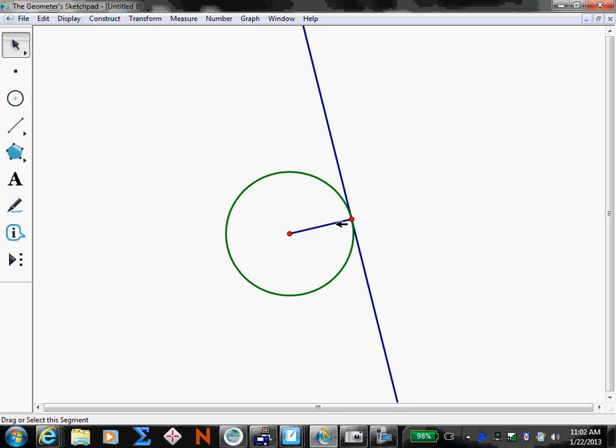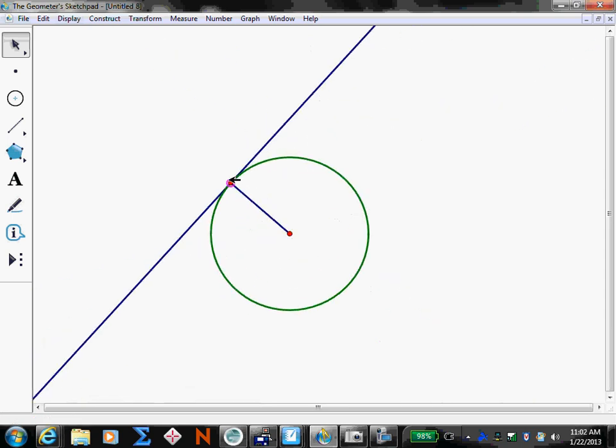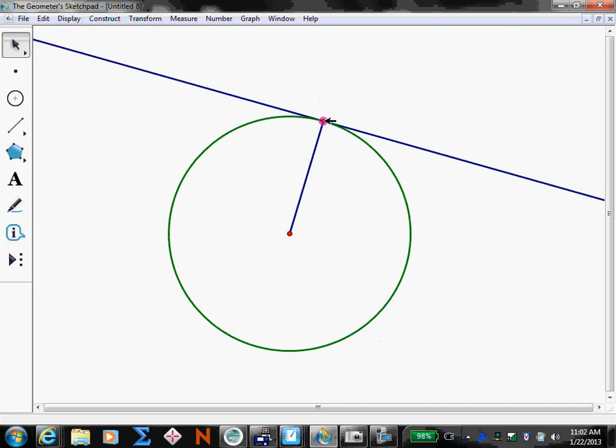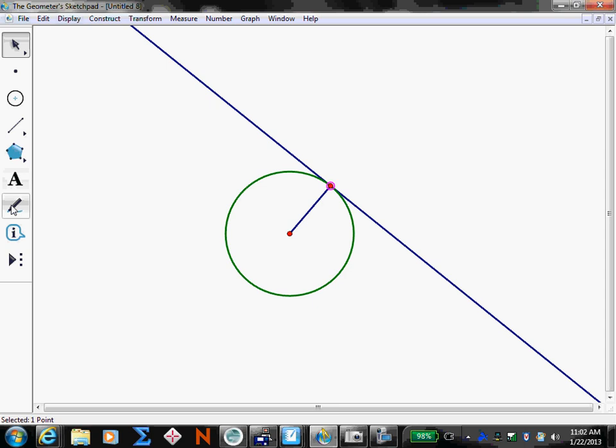Okay, so no matter how I move it around, that line will stay tangent. Now we constructed it perpendicularly, so you know that that angle right there is a 90-degree angle. And I'd rather it make the 90-degree marks.